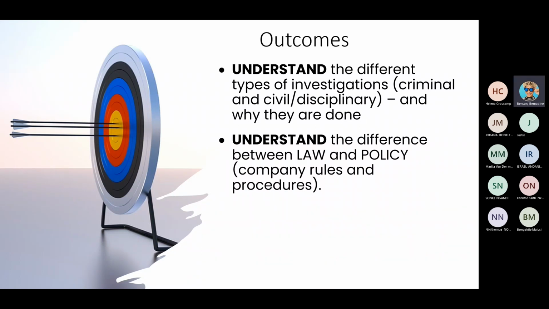Okay, let's pause here quickly. Let's go back to where we started to see where it is we wanted to end up, and ask yourself now, how well do you now understand the different types of investigation? In other words, your criminal and your civil or disciplinary investigation, and why they are done. In other words, what is it that we want to prove?